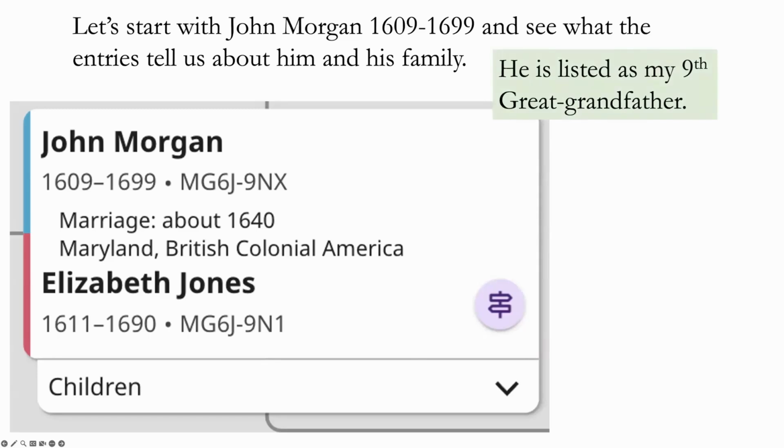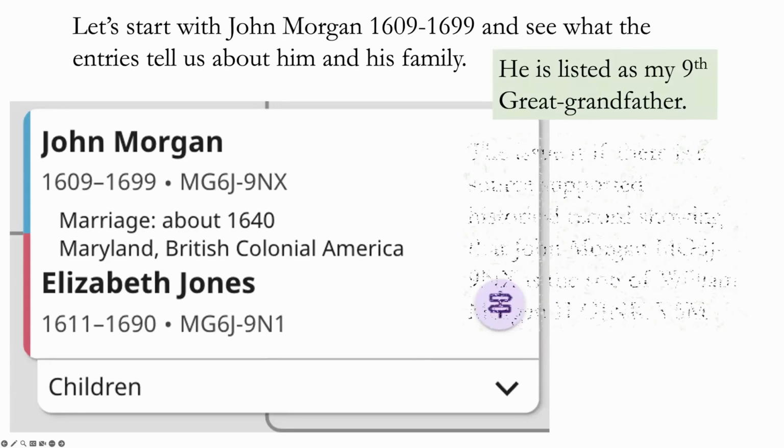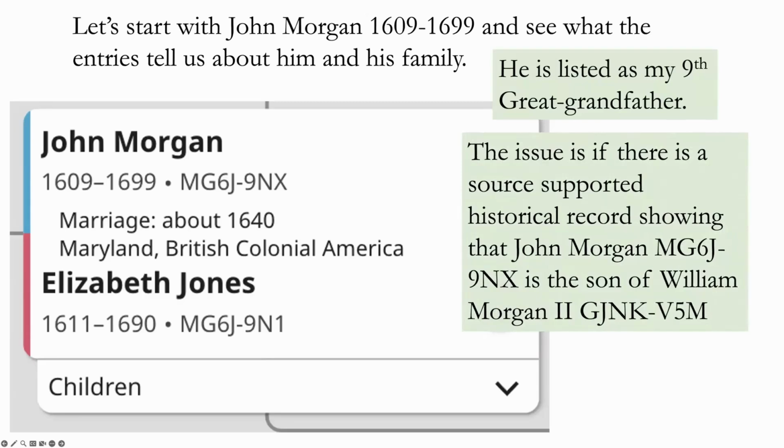So this person is listed as my 9th great-grandfather, going back on the FamilySearch Family Tree. And if I seem to be a little bit repetitious, it's because I'm going to be repetitious.